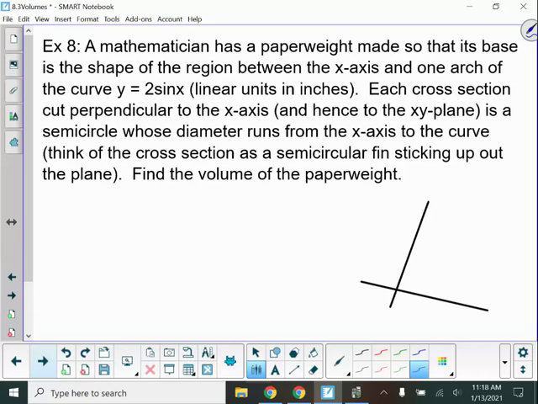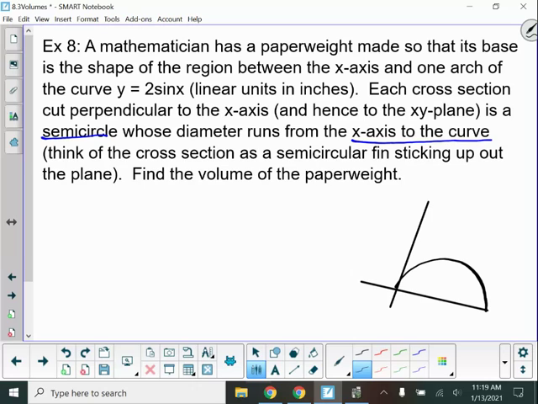Each cross section cut perpendicular to the x-axis, and therefore to the xy plane, is a semicircle whose diameter runs from the x-axis to the curve. So we have to sketch some type of picture for this, and then we're going to find the volume of the paperweight. So this would be our curve.